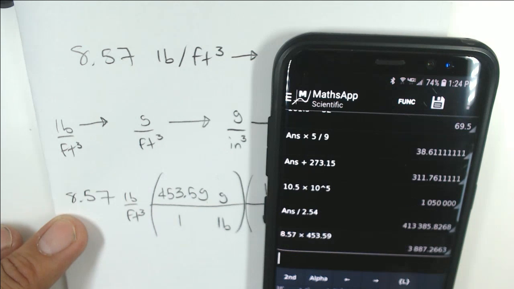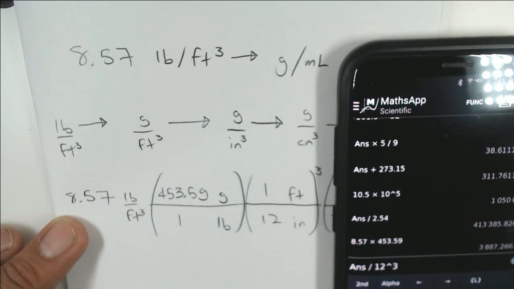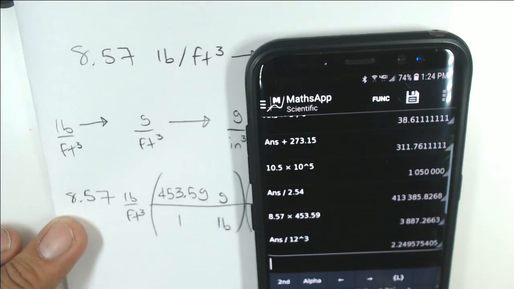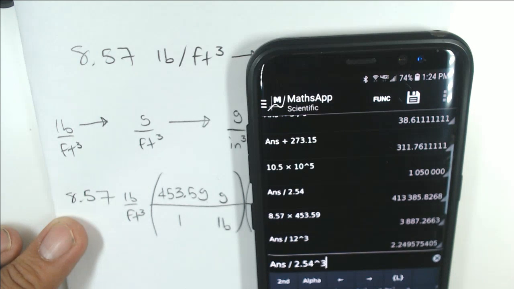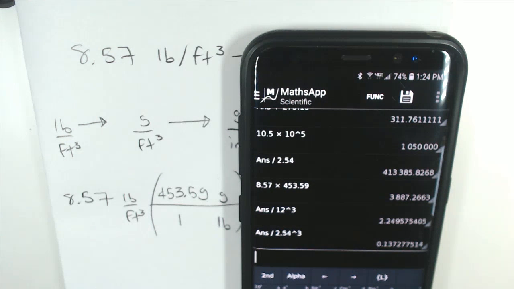And then go ahead and enter on that, divide. Don't forget, we need to cube this term, the 12, divided by 12 to the 3rd power. And then lastly, we're going to divide by 2.54, once again, to the 3rd power. And I am getting 0.137. How many sig figs should my answer have?